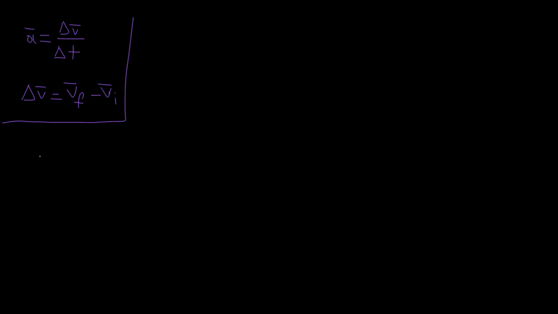Let's say that we have an initial velocity, so we have our v initial is equal to, I'm just going to choose simple numbers, so this will be 1, 2, and 3. These are in meters per second. This is my initial velocity.